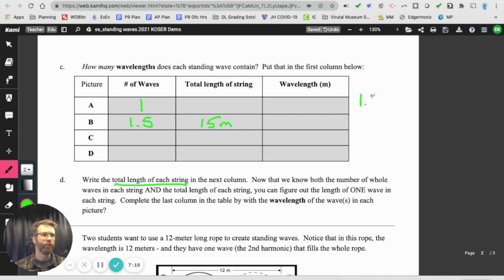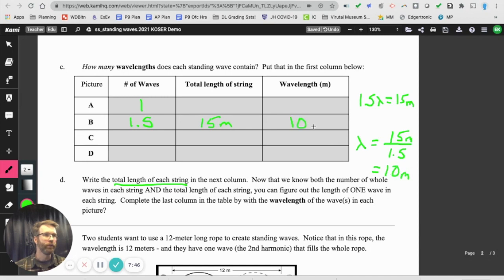If 1.5 wavelengths equals 15 meters, well, if we want to get lambda by itself, we just have to divide both sides by 1.5. That is, lambda would be 15 divided by 1.5. Gosh, that sounds like 10. It's 10 meters.